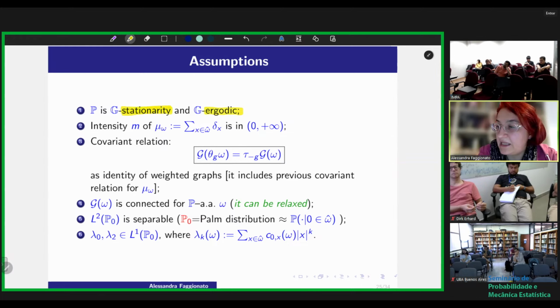Then, given my graph, given the environment omega, I can associate to omega a measure, which is simply given by the sum over x vertex of my graph of delta_x. It's a bijection, it has the same information content as the vertex set. I assume that the intensity of this random measure is finite, and also positive. If it is zero, it means that there are no points almost surely, so the graph is empty. Then I can formalize the paradigm I showed you before.